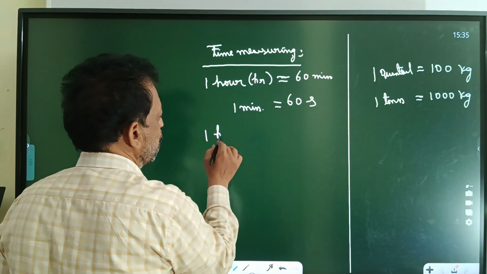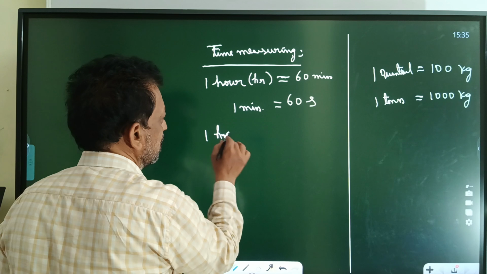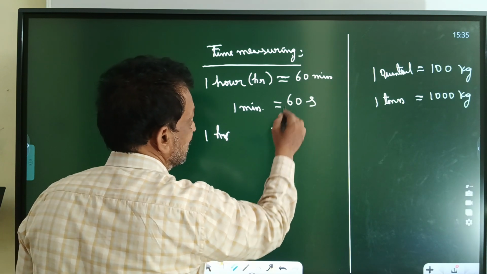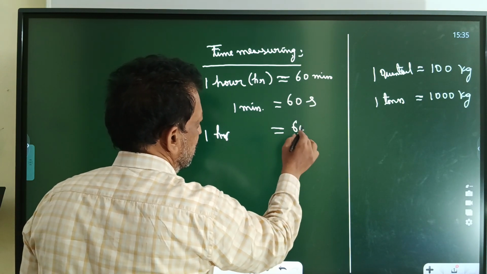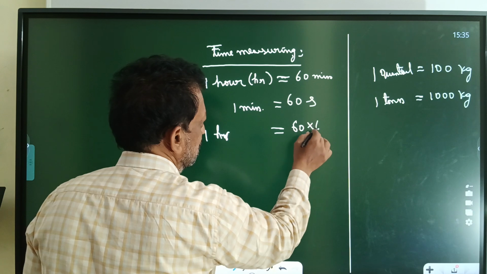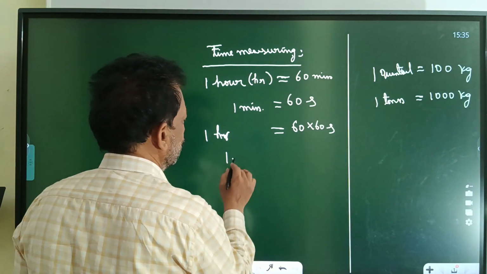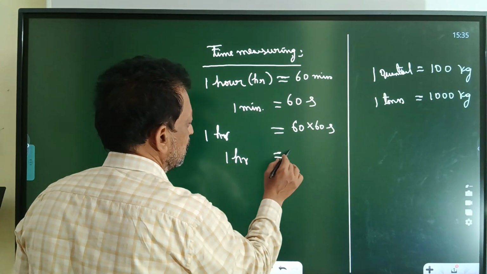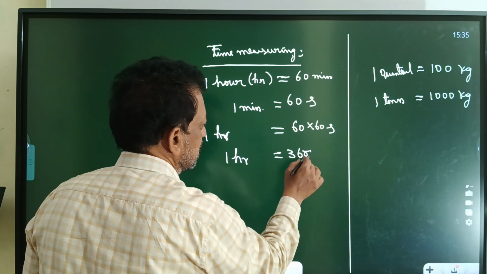So therefore, 1 hour is equal to 60 into 60 seconds. That is, 1 hour is equal to 3600 seconds.